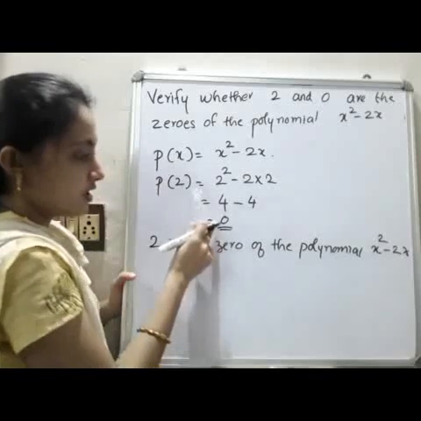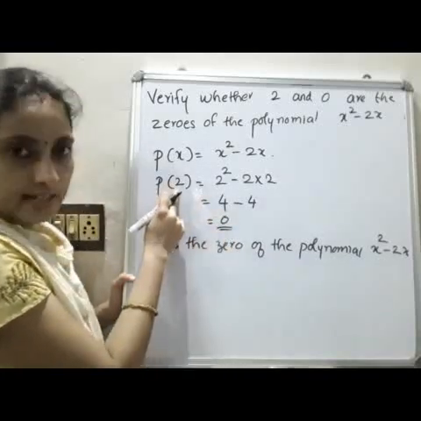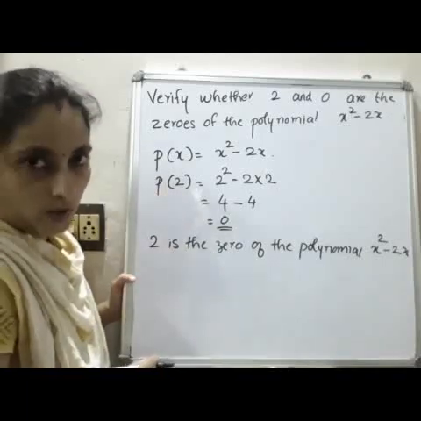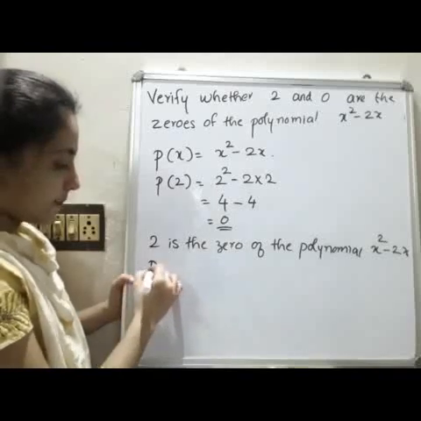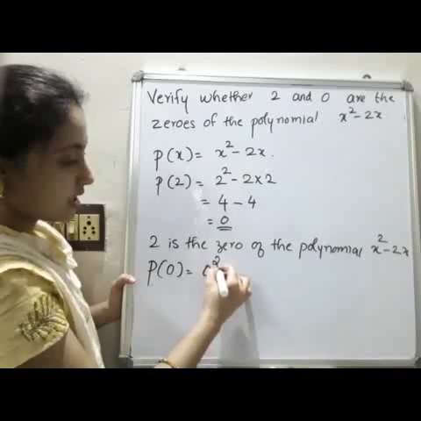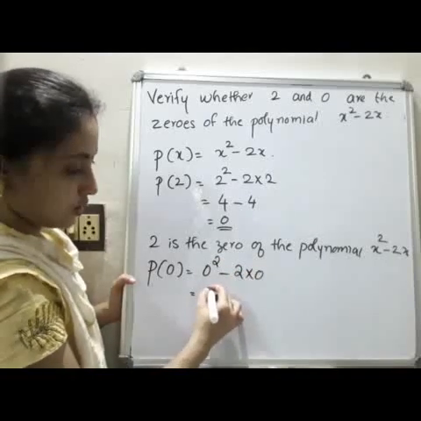Hope you are clear? For x, we got the value as 0 here. So which value of x gives 0? 2. So the answer is 2 is the 0 of the polynomial. Clear? Then one more procedure. What do you have to find? P of 0 is equal to, substituting here, 0 square minus 2 into 0. What is 0 square? 0 minus 0.